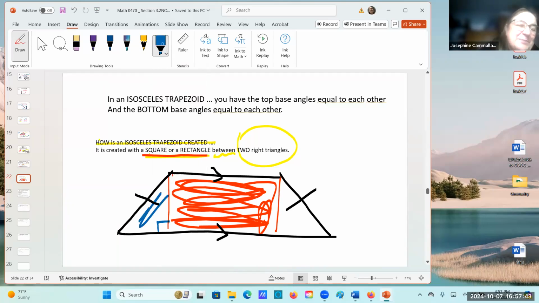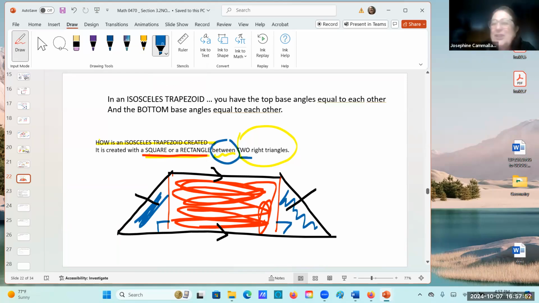But this blue part and this blue part are the two right triangles between it. They are the two right triangles between it. Now, because this is isosceles, this triangle number 1 and this triangle number 2 will be the same as far as length and width and height.